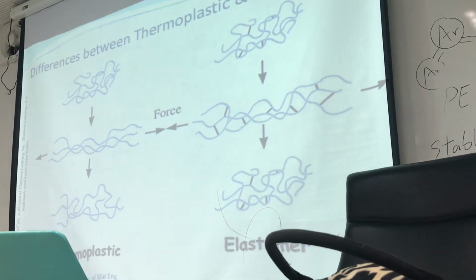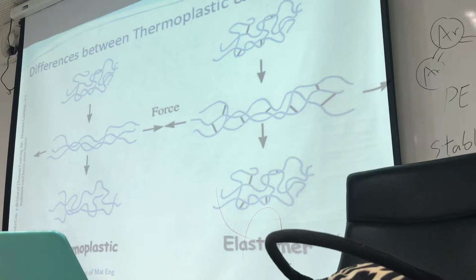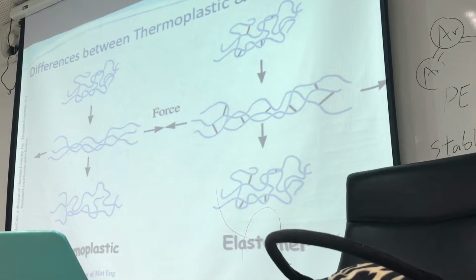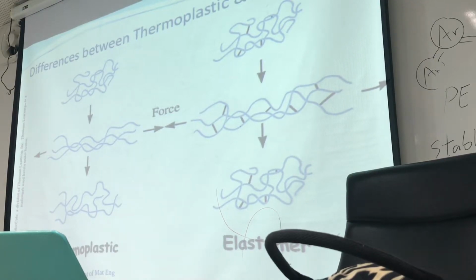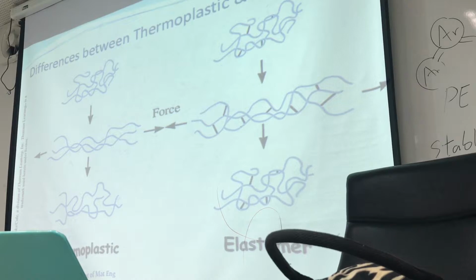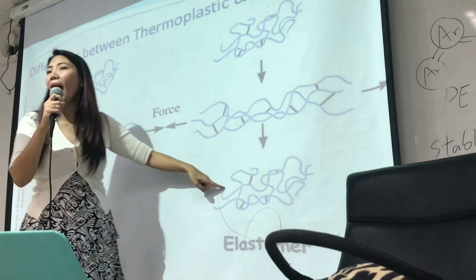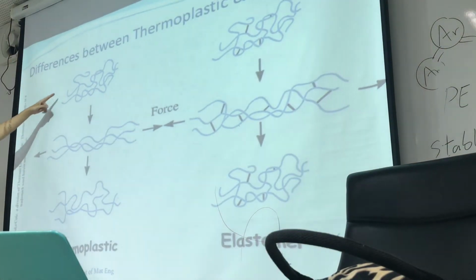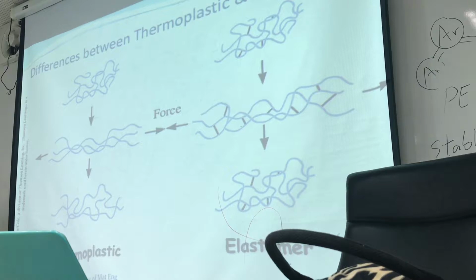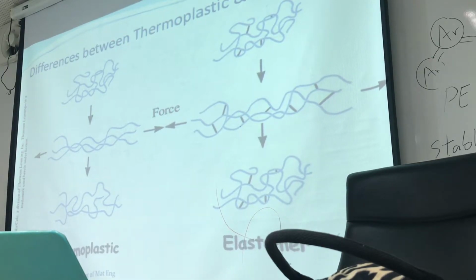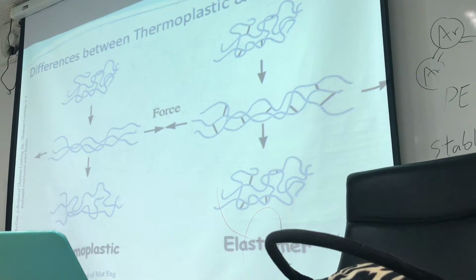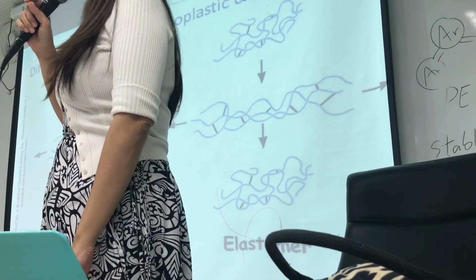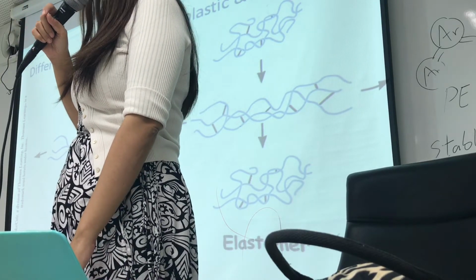Say I have a thermoplastic and an elastomer, and I try to stretch them. If my force is not too high, when I release the stretching, what happens? The elastomer comes back to its original shape. The thermoplastic may change shape forever. So this is the difference between thermoplastic and elastomer.